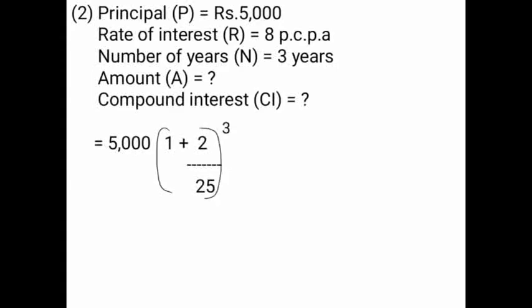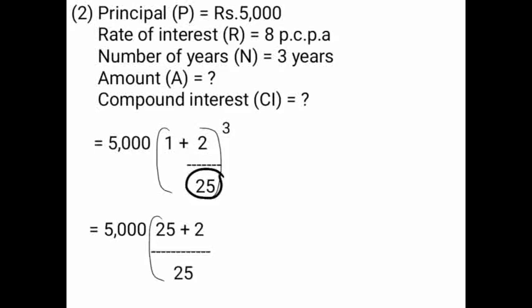Now you have to cross multiply this in the bracket. You have the single denominator 25. You don't have a denominator here, so take it as 1 when you cross multiply. That is equal to 5000 in bracket 25 ones are 25 plus 2 ones are 2 upon 25. If you have the single denominator here, you have to write the denominator as it is, raised to 3.